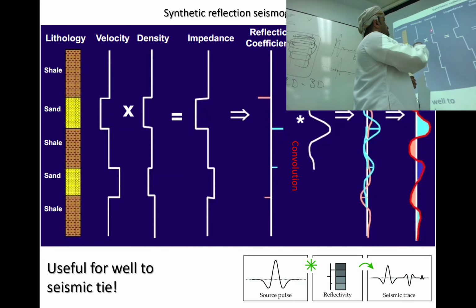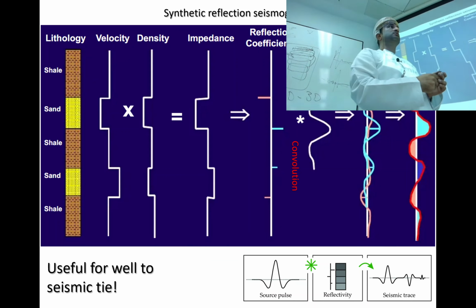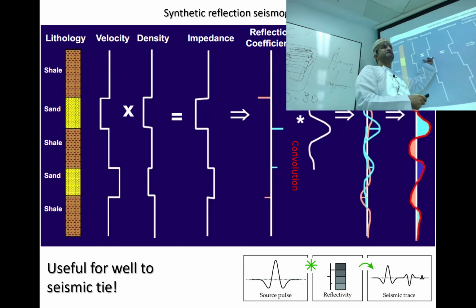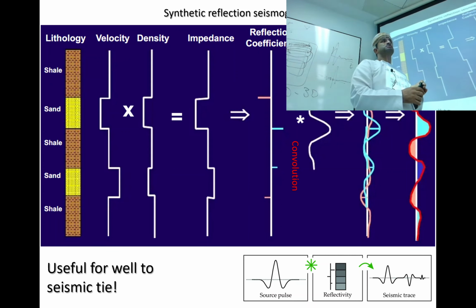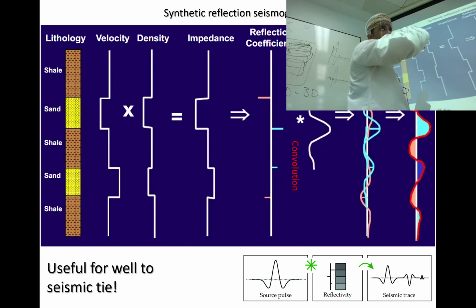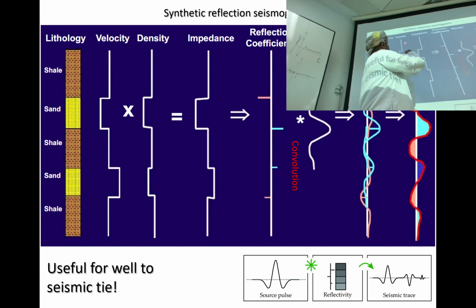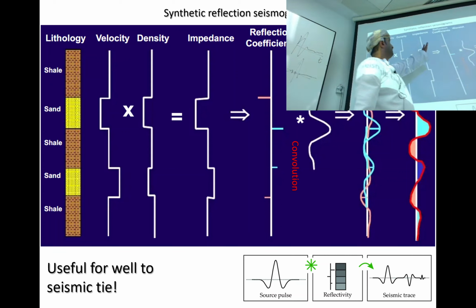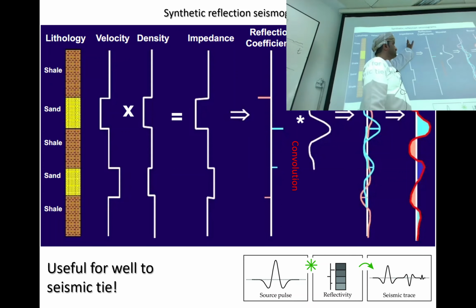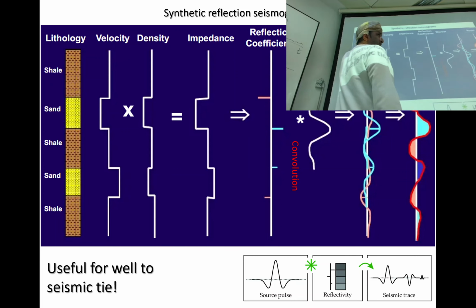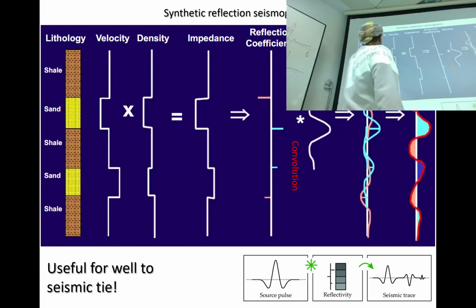What product do I get if I multiply these two logs? Acoustic impedance. So this is the acoustic impedance. I'm moving from high to low acoustic impedance; shale is a softer rock than sand.